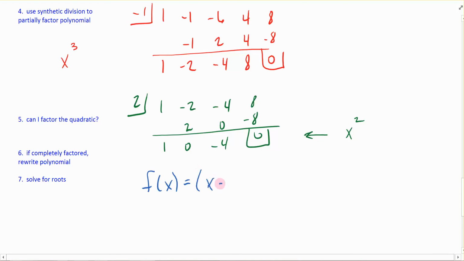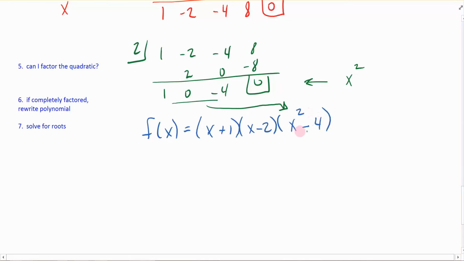The original root was x plus 1. The second root we found is x minus 2, and that leaves us with x squared minus 4, because this right here, when I write it back in its polynomial form, looks like x squared minus 4.